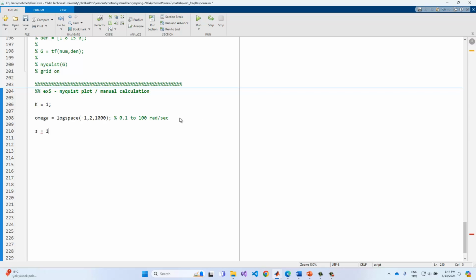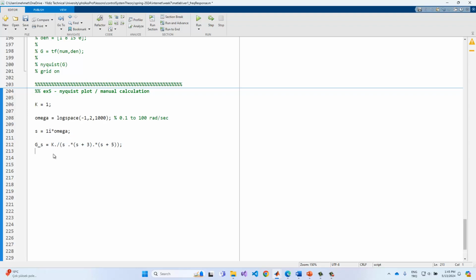S must be equal to 1i times omega, right? j omega can be given in here, and so G(s) can be given by K divided by s times (s plus 3) times (s plus 5). Okay, this is the conversion of G(s) with s equal to j times omega.